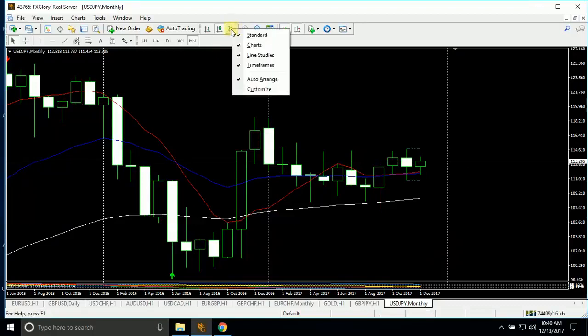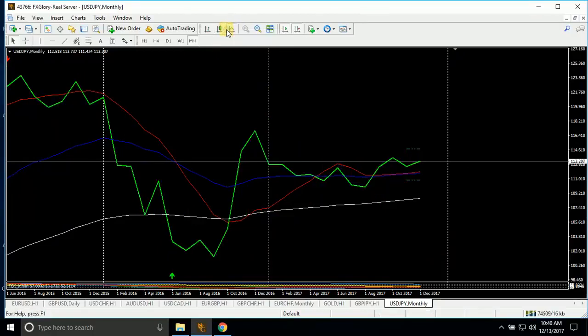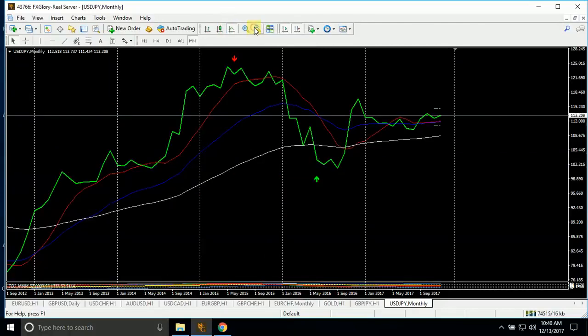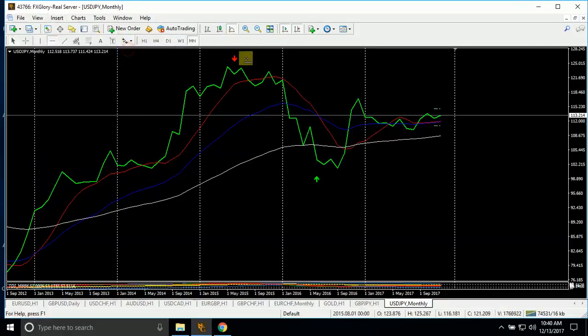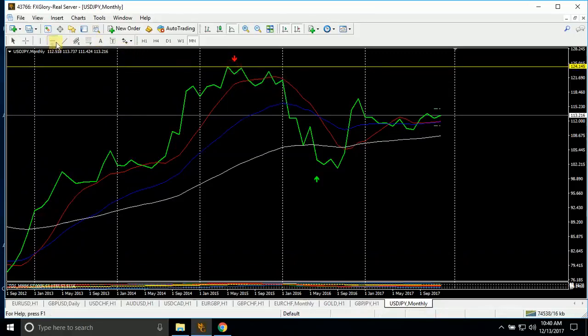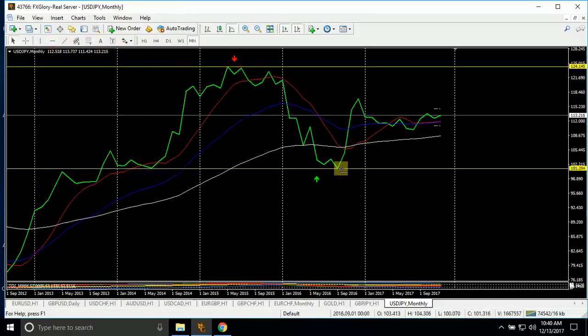We're going to go back to our line chart. This is where the busy work comes in. Trading is easy. The hard part is the study.